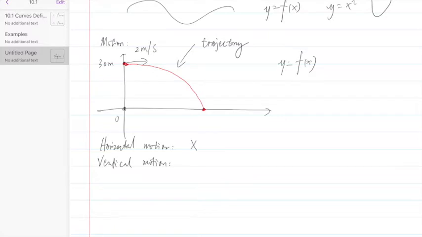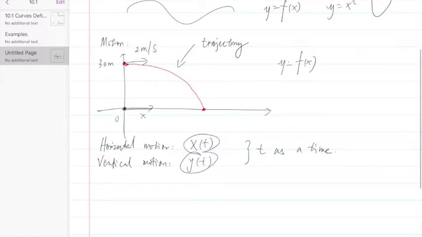Okay. And then the horizontal motion is given by the horizontal distance, as a function of t, and the vertical is given by the same function of t with the different formulas. So together we use t as a time, and we calculate the horizontal trajectory and the vertical trajectory as a function of t.